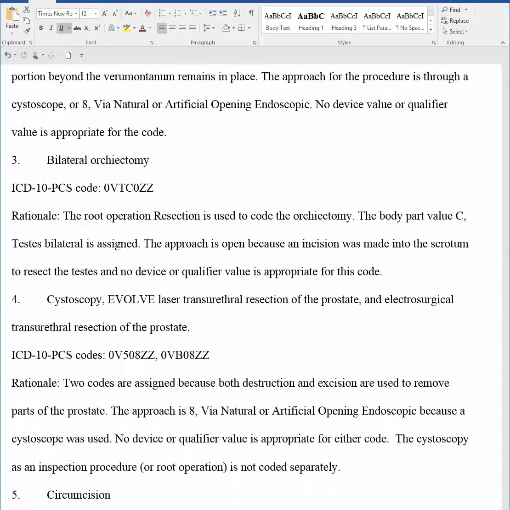Number 3, the patient's having a bilateral orchiectomy. It states this is a 71-year-old male, developed leg swelling. CT scan showed retroperitoneal lymphadenopathy.